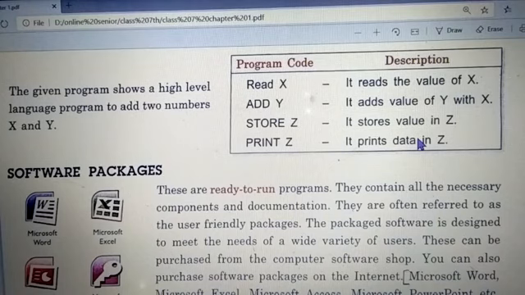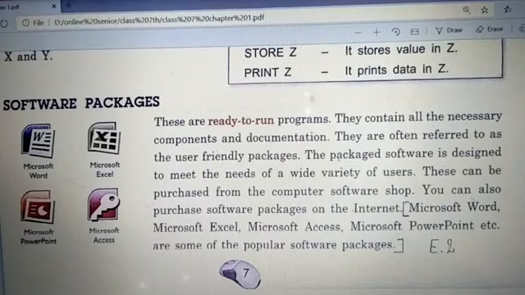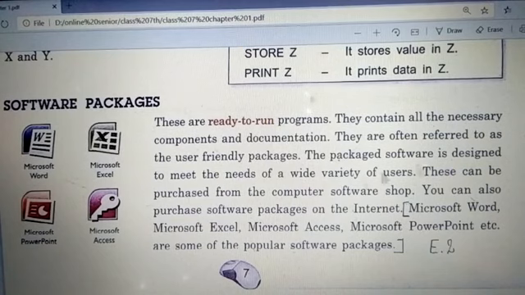Now software packages, children. Software packages are ready to run programs, meaning that by the click of a second they will run. They contain necessary components and documentation, and the packaged software is designed to meet the needs of a wide variety of users.